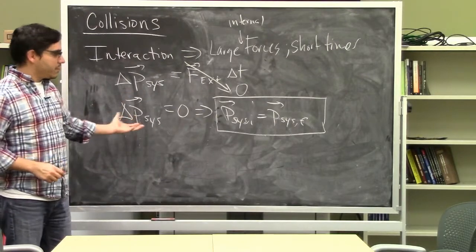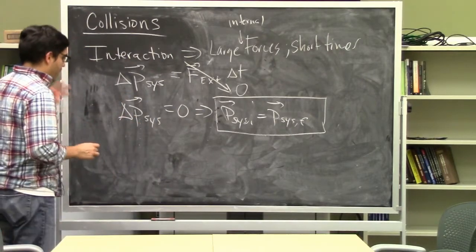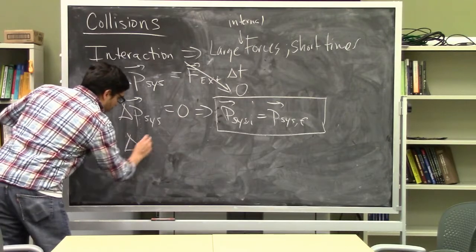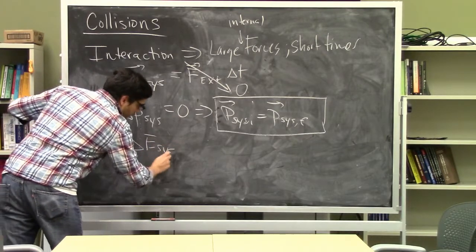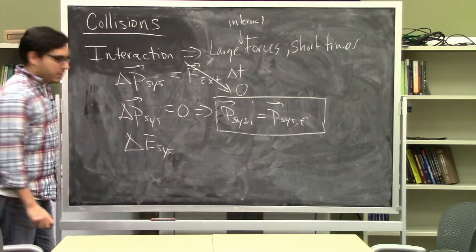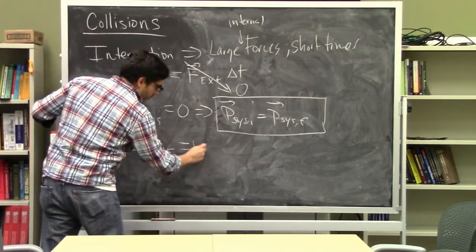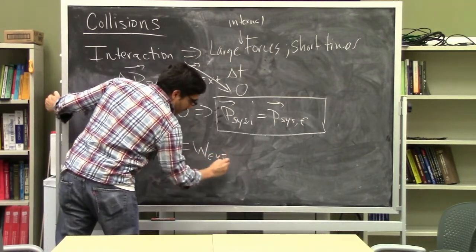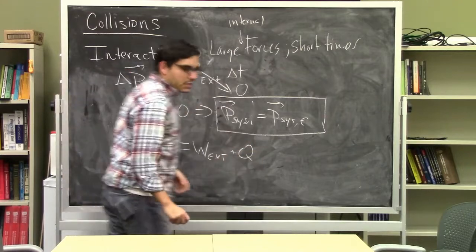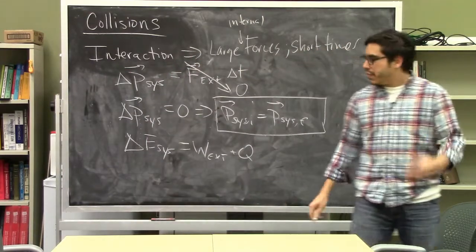One of the other principles that we've been using a lot is energy conservation. What we've talked about in a multi-particle system is that the change in energy of the system is related to all of the external works that are done and any exchange of thermal energy across a boundary.